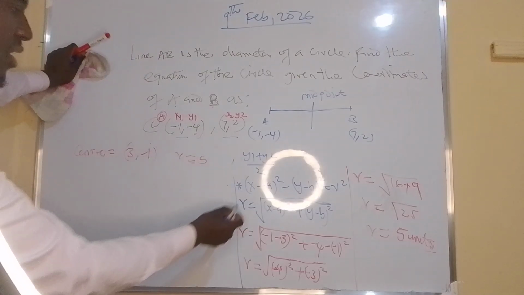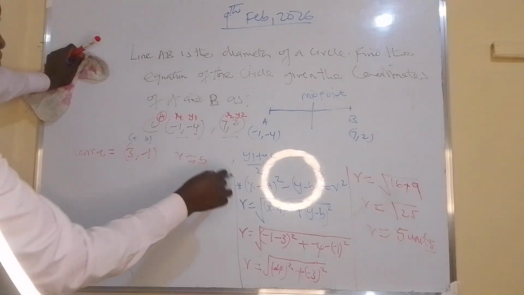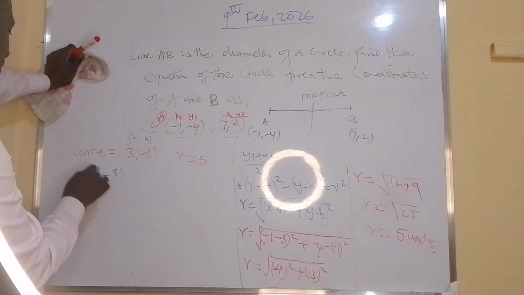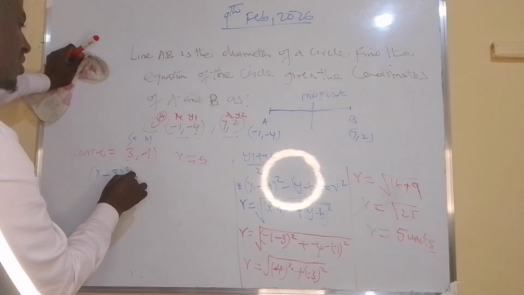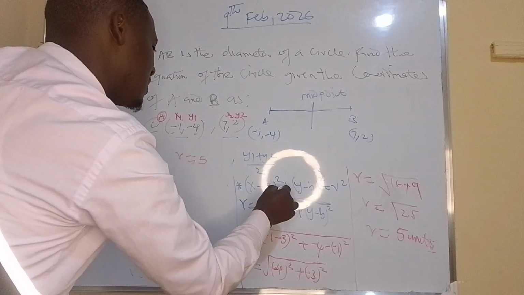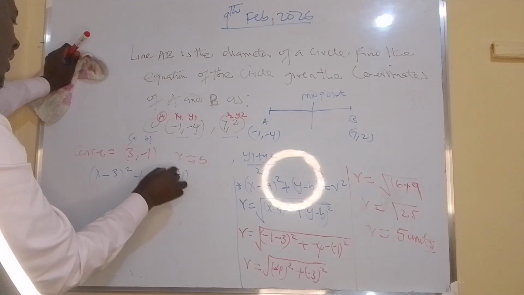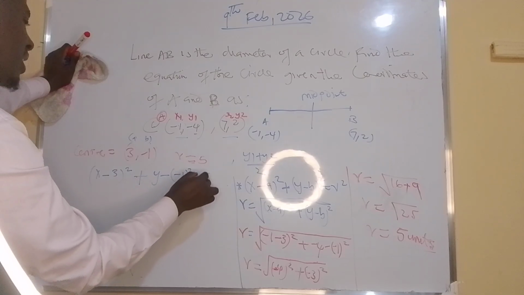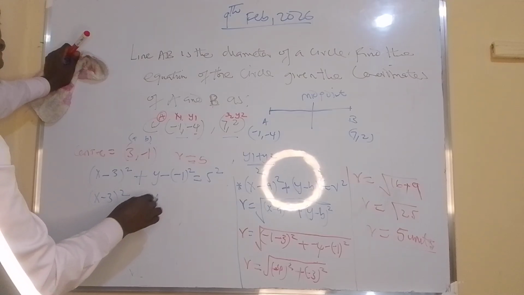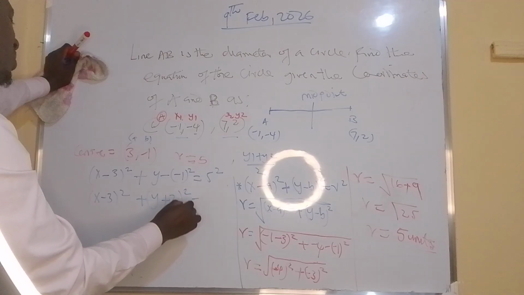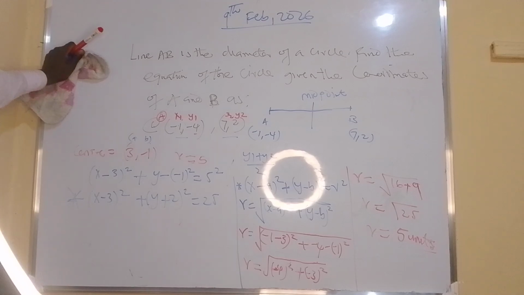The general formula is (x minus 3) squared, then we take what, minus or plus? Plus (y minus 1) squared equals 5 squared. So it's (x minus 3) squared plus (y plus 1) squared equals 25. That gives you the equation. The equation is very simple.